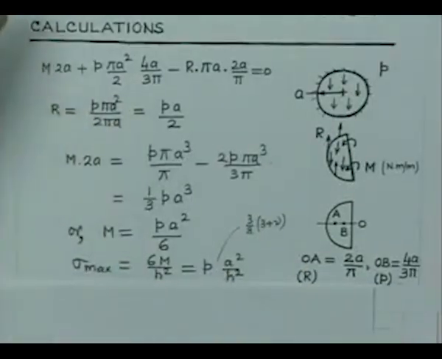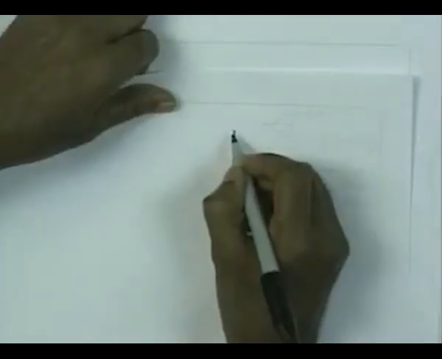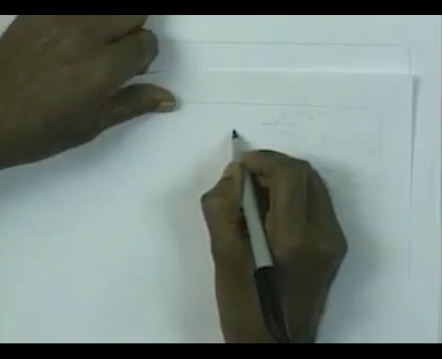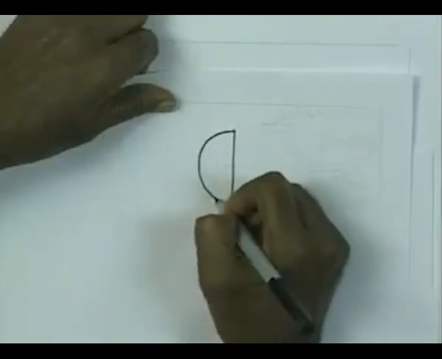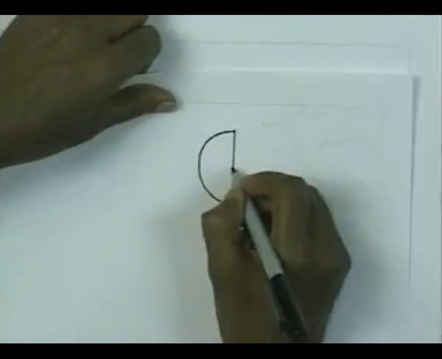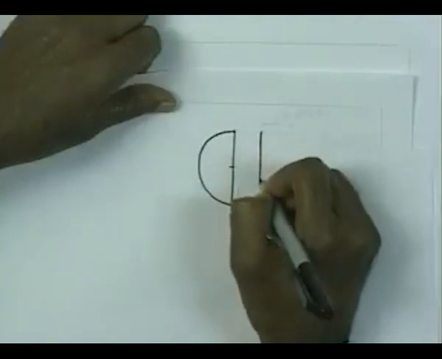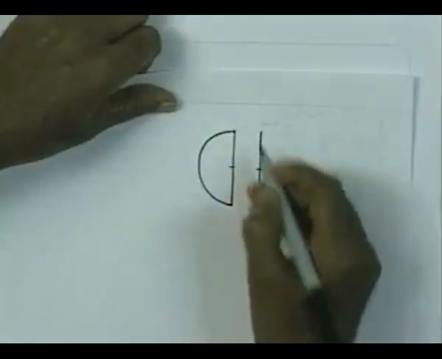Now, I will show you the comparison of the exact stress distribution with this approximate value that we have calculated for the whole diameter. So, let us have this plate. This is the center. Now, let us plot the distance in the vertical direction.